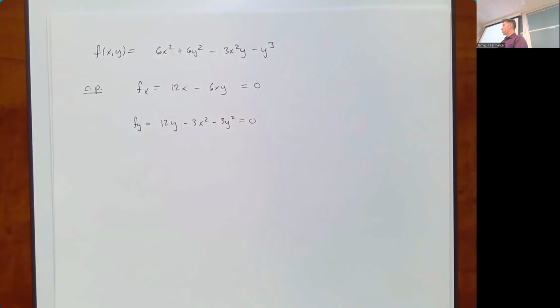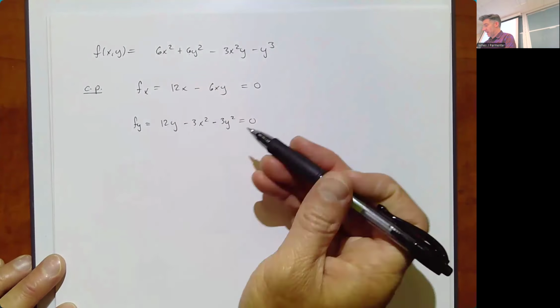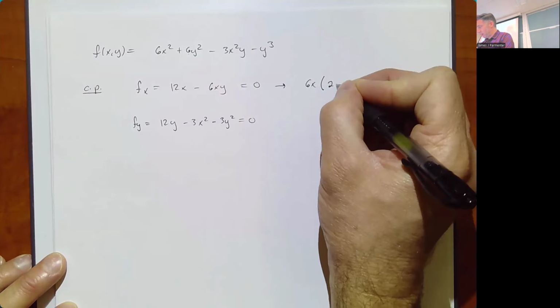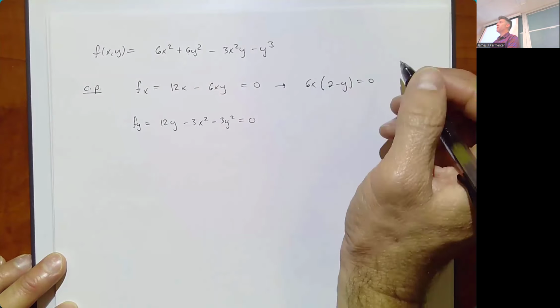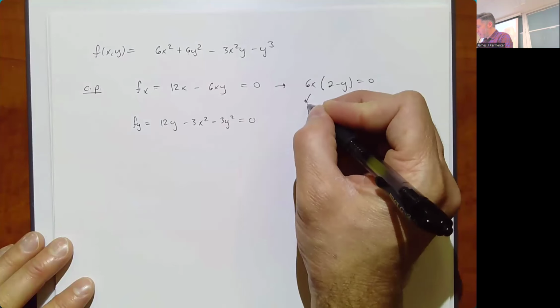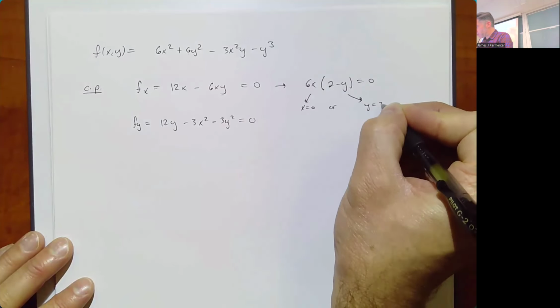If I have an option, I'm always going to try and deal with the simpler one. The first equation looks simpler because I can factor out a 6x and write it as 6x times 2 minus y equal to 0. So there are two potential solutions to this first equation: either x equals 0 or y equals 2.